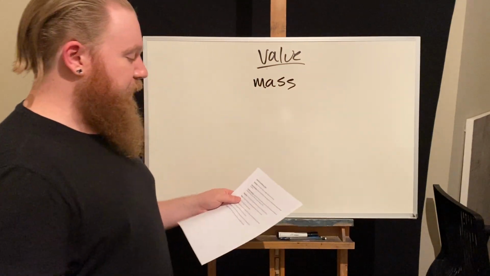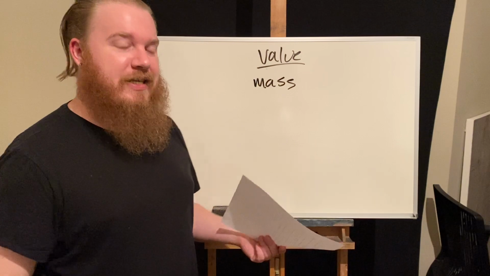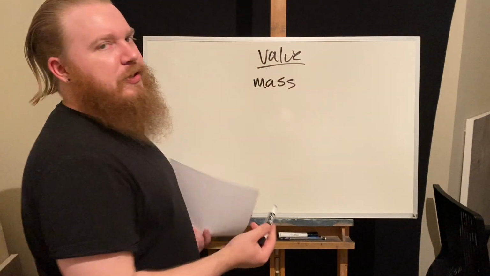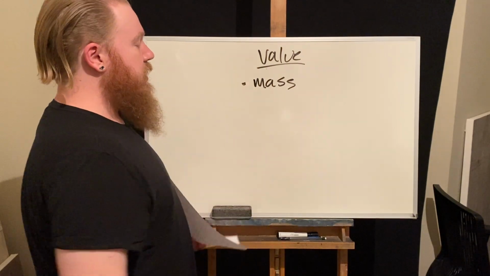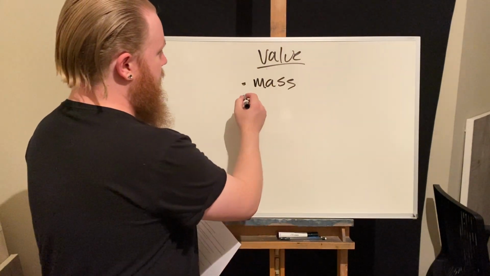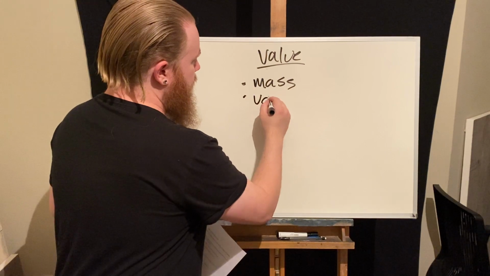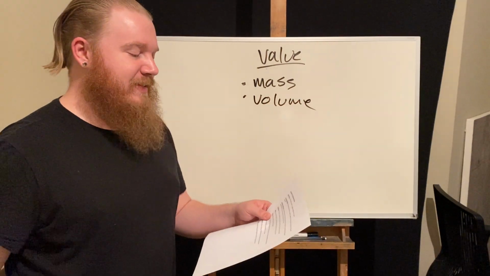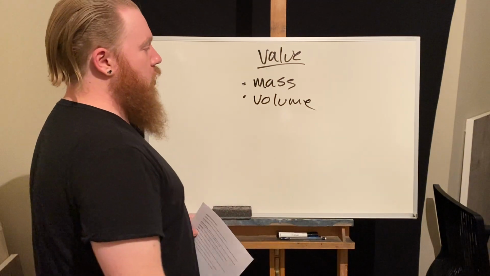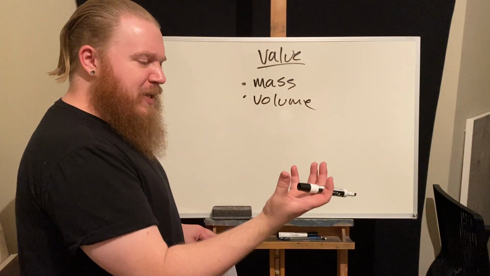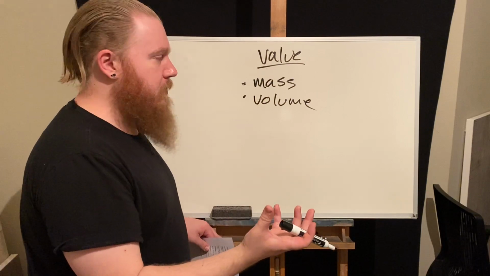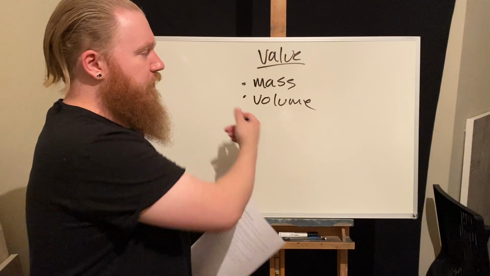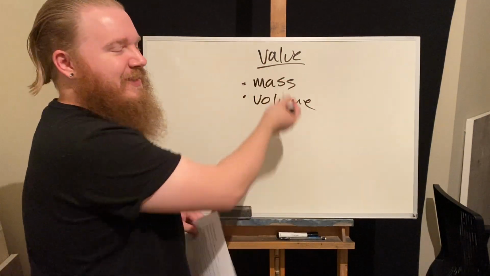Now, aside from that, once again, we have mass. And this refers to the physical bulk of a solid body material. So usually within the realm of drawing, what we're trying to create is the illusion of mass, or the illusion of volume. And volume in this sense is when mass is encompassed by space. So the mass refers to the actual physical bulk of the object, whereas volume refers to the amount of space that physical mass takes up.